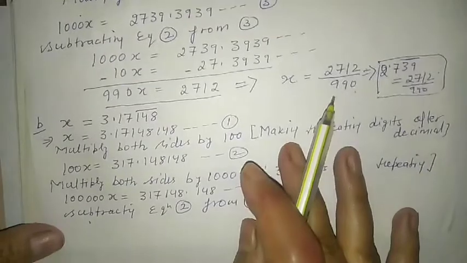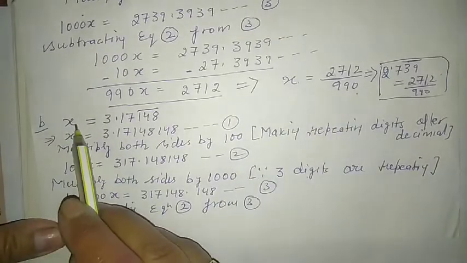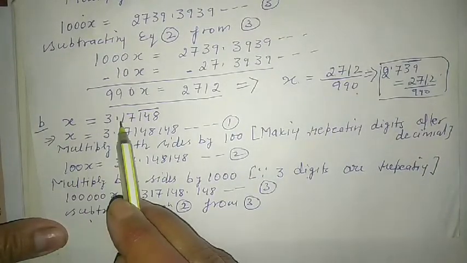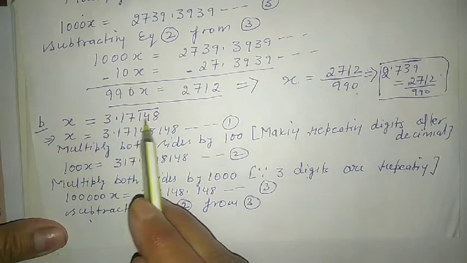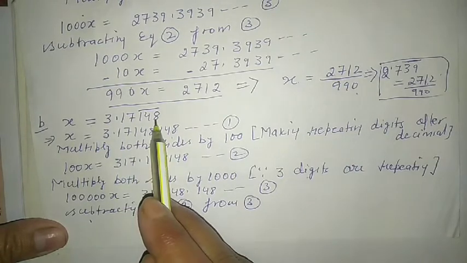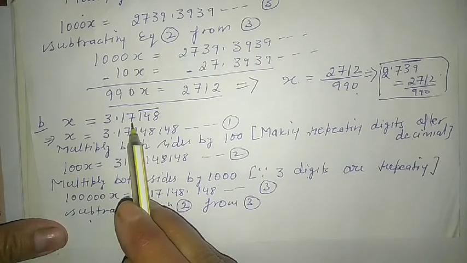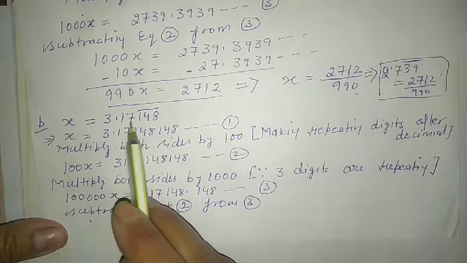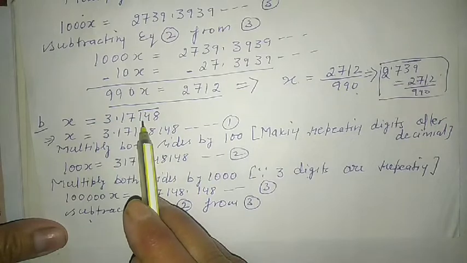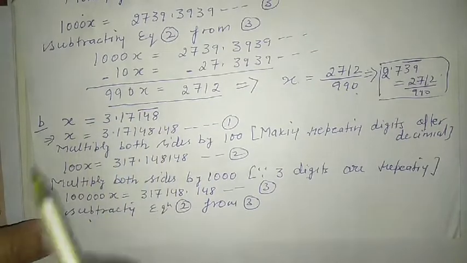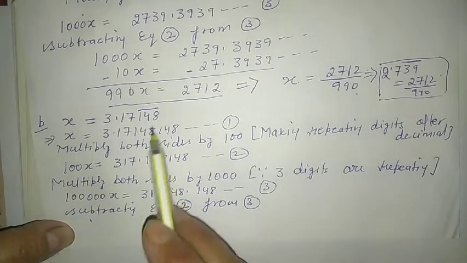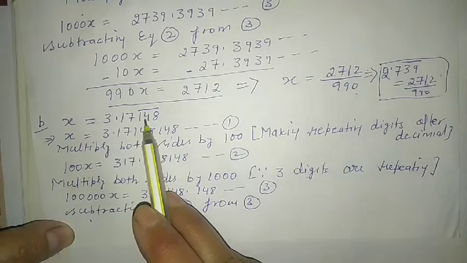Similarly, one more question is of this kind. x equals 3.17148. So you can see here, how many digits just after the decimal without bar? 2 digits. And with bar, 3 digits. So first of all, we will multiply here by 100.